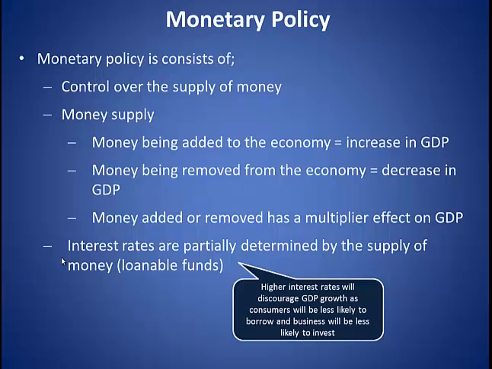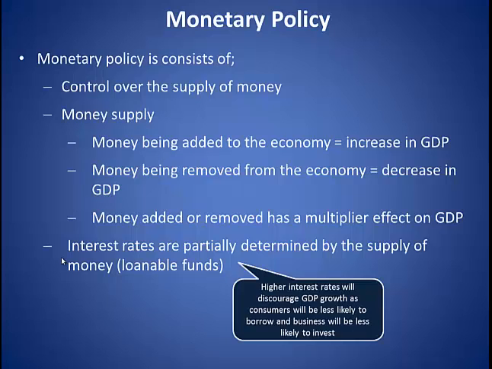We also understand that interest rates are partially determined by the supply of money. By the way, interest is the cost of money. Money can either be inexpensive with low interest rates, or very expensive with high interest rates. If we have a certain demand for money, such as people trying to get loans, interest rates will go up because there will be a limited supply of money.